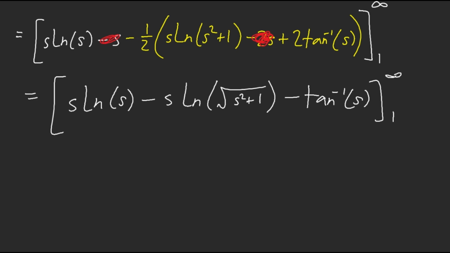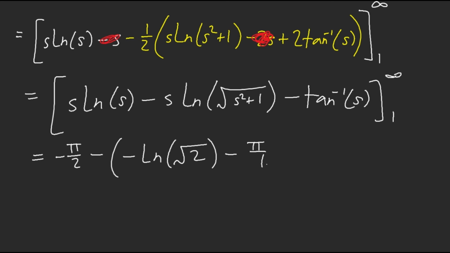So that means that with inverse tangent, plugging in infinity, we get negative pi over 2. And then minus, and then plug in 1. Let's say that's 0. If I plug in 1 here, I get minus ln of the square root of 2, and then minus inverse tangent of 1, which is pi over 4.